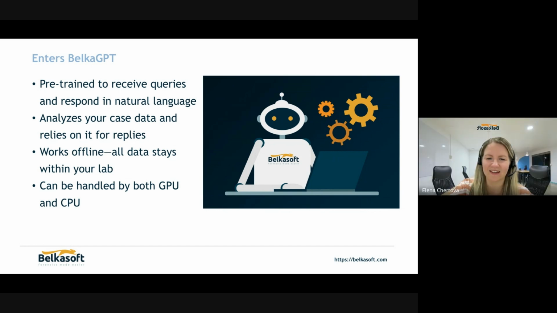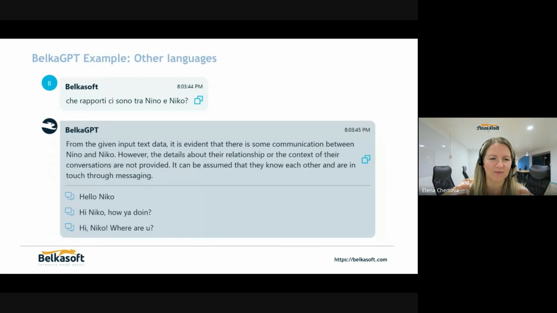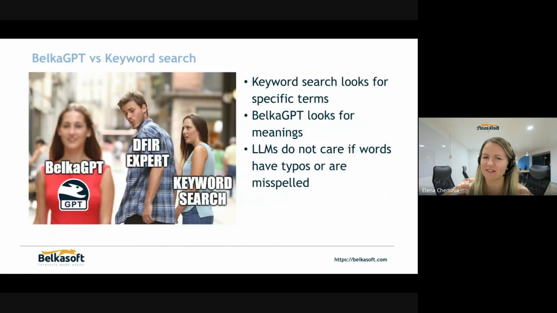Exactly. And I do have this funny meme about BelkaGPT. Can you see it, right? Yeah. So there are a few reasons actually why it is a bit better. Just a second, everyone, people raising their hands.